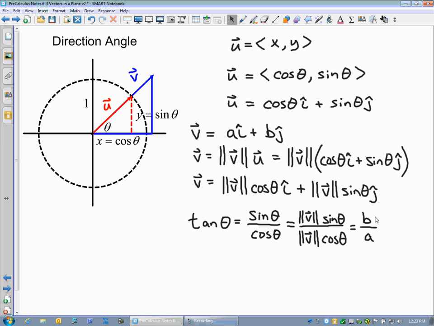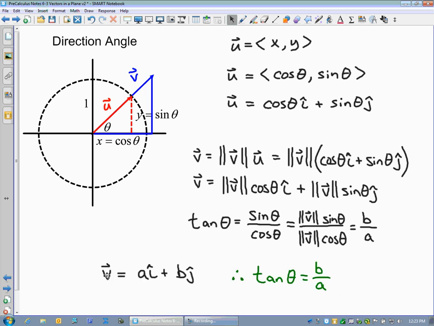So this is really just b over a. And this gives us a way to find theta. Our formula is that the tangent of theta is simply b over a. Given any vector in component form, the tangent is your vertical component over your horizontal component.